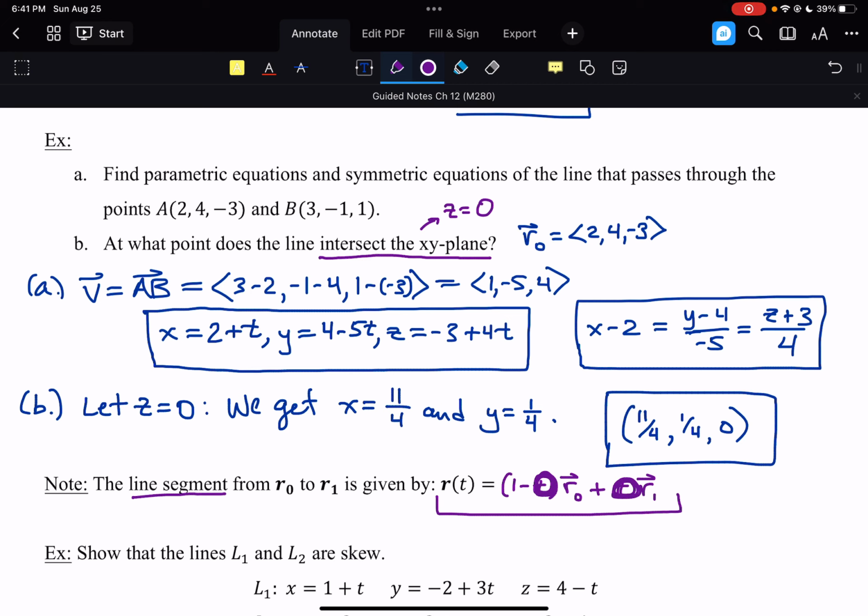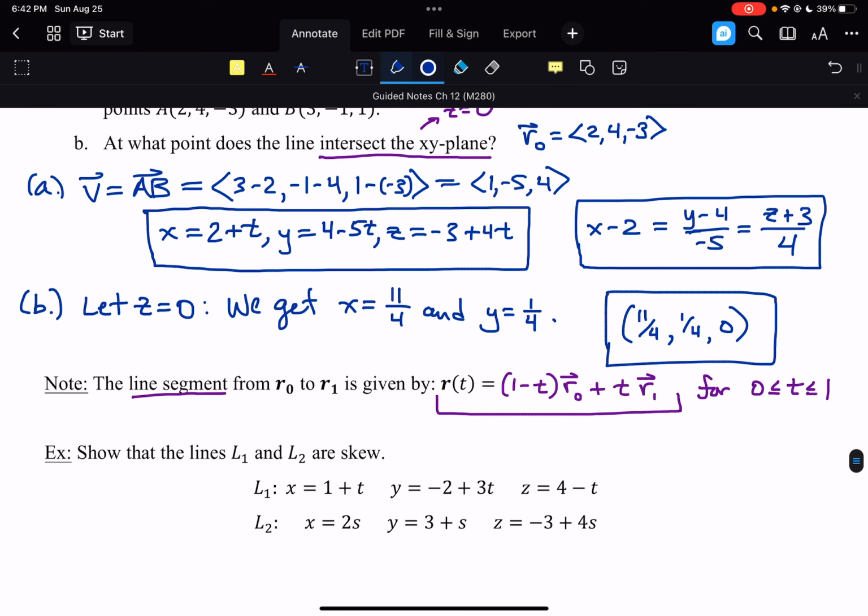So we start at R0 when t is 0. And then when t goes up to 1, this one becomes a 0, and we're left with R1. So we get this for t going from 0 to 1. And that would be how we could create the equation of a line segment. So not the whole line, just a piece of it. But again, we'll look more at that later on.